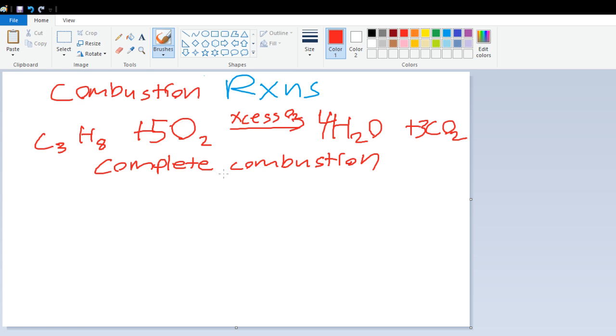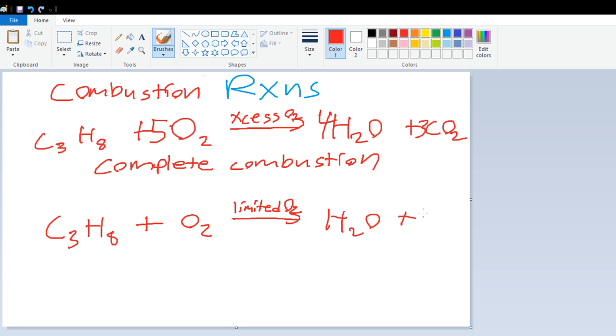And now the next kind of combustion reaction is going to be an incomplete combustion reaction. So this is a combustion reaction that has occurred in a limited oxygen environment. There's not a lot of oxygen. And so it balances differently because instead of carbon dioxide, there's not a lot of O2, so you'll create carbon monoxide, which is highly poisonous, if you may recall.